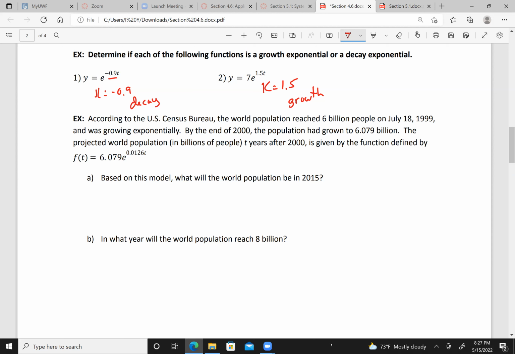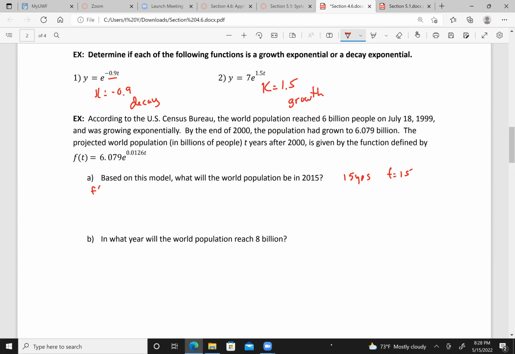So now we want to know, based on this model, what will the world population be in 2015? Well, that's 15 years. So t equals 15.